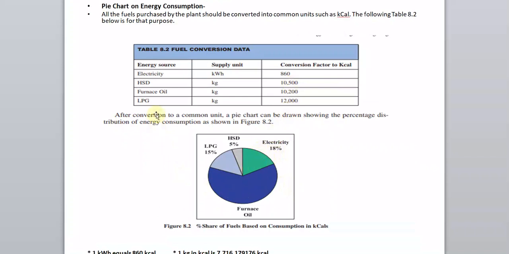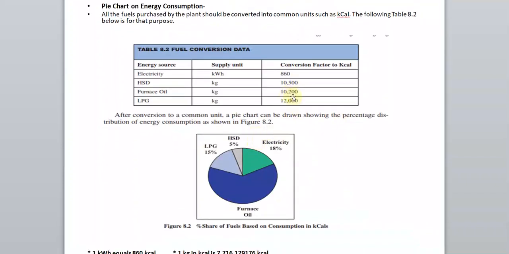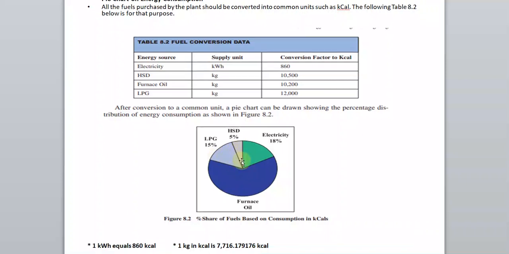But in case of furnace oil, it was already 38% in cost, and there is also a high conversion rate for it, so it accounts for most of the kilocalories, 60%. Then LPG is 15%, and high speed diesel is 5%, and so on.